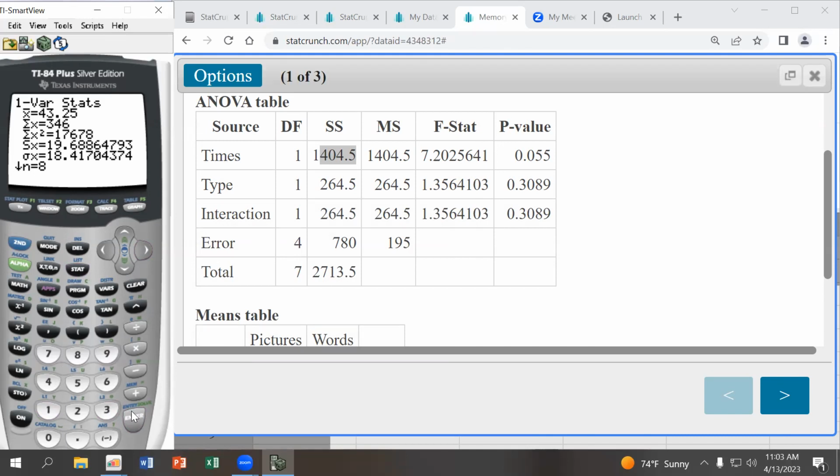The square of that is 387.64. Okay, 387.64. Don't forget to square. Retain at least 4 decimal places. As I mentioned before, round at the very last step.